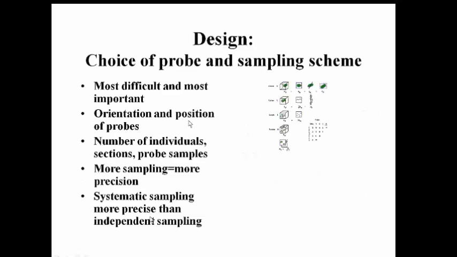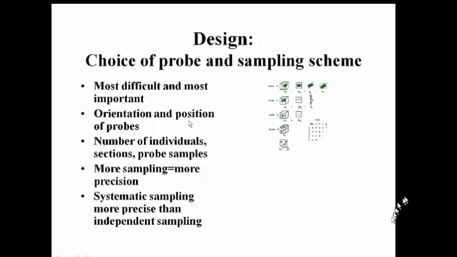This brings us to the point of talking about the design of a stereological study, and this is the choice of the probe and the sampling scheme. And this is perhaps the most difficult part of the stereological estimation procedure. We have to be concerned about the orientation and position of probes if we're talking about surfaces and lengths.